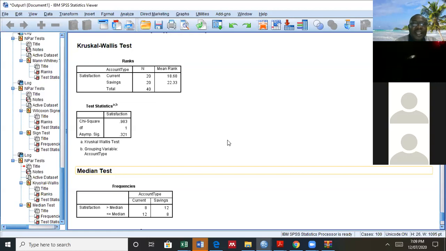It will tell you, for this current account type, 8 are greater than the median and 12 are less than the median, and likewise for savings. If you count it, that's what you see there.